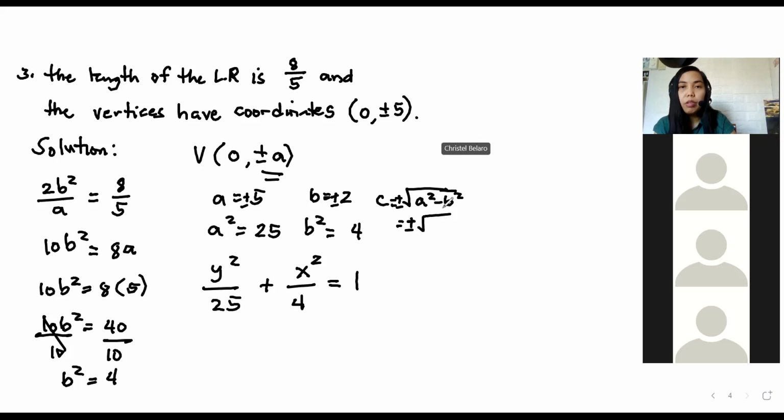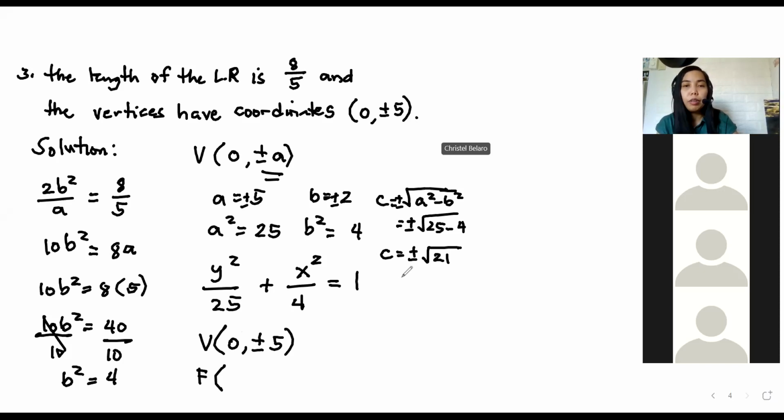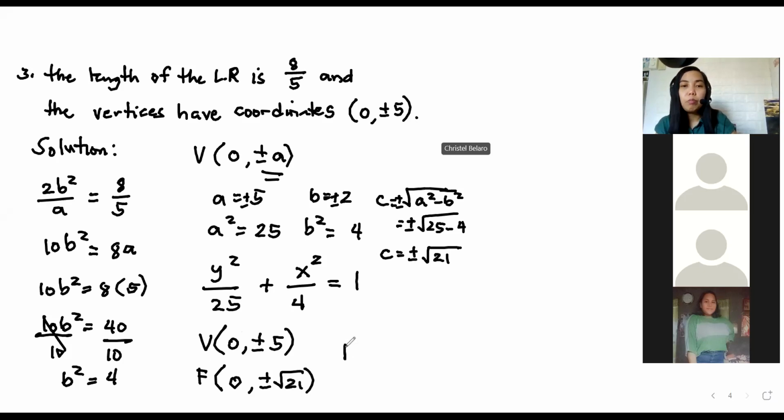So we will have positive, negative square root of 25 minus 4, which is positive, negative square root of 21. Okay, so vertices 0, positive, negative 5, foci 0, positive, negative square root of 21. For the endpoints of the minor axis, this is for b, we'll have positive, negative 2, 0.